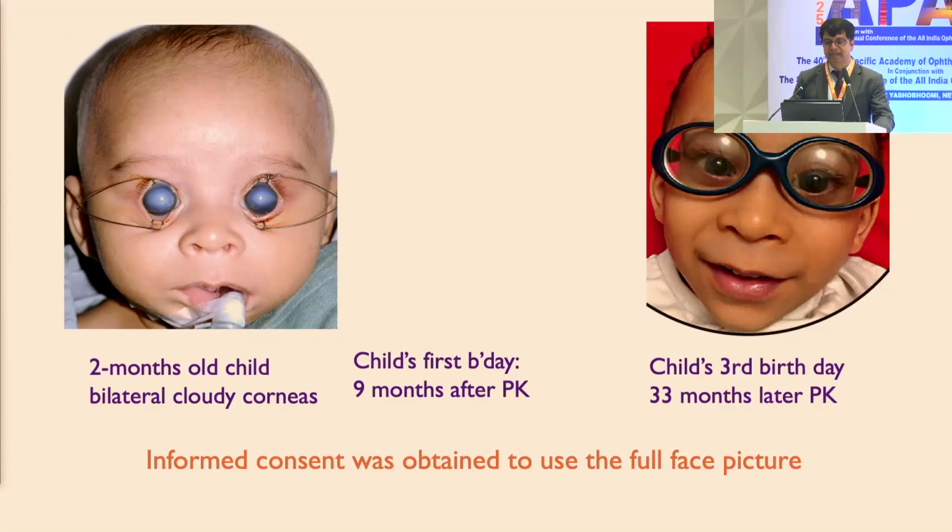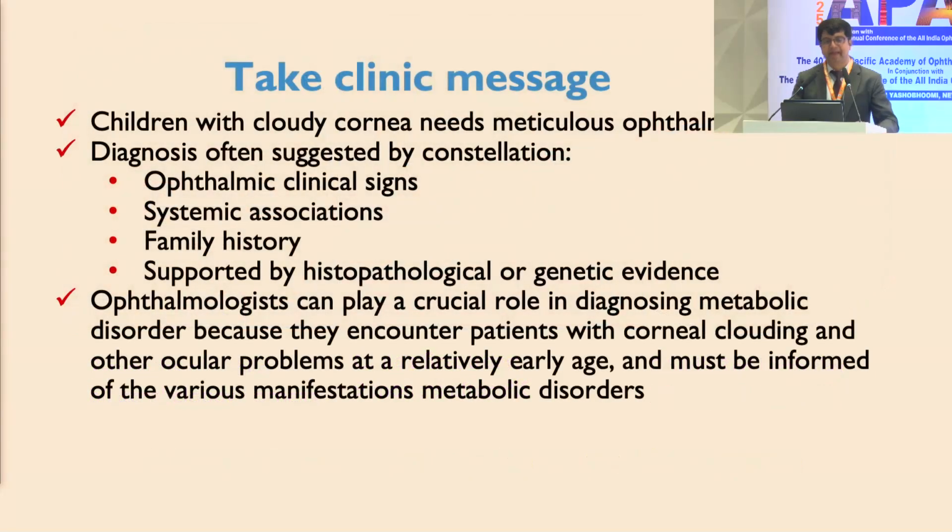So the key is good history and a detailed evaluation, which will help unravel PCG from other mimickers. We as ophthalmologists, and particularly glaucoma or cornea specialists, play an important role in picking up some of the life-threatening metabolic conditions that need prompt systemic evaluation, either by a molecular diagnostic facility or a metabolic specialist.